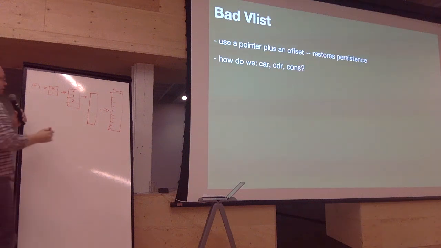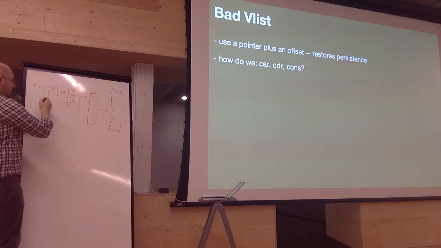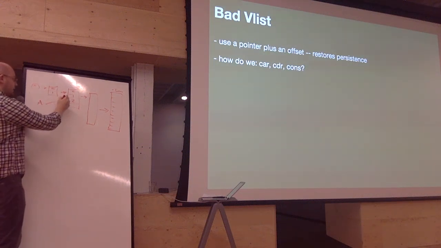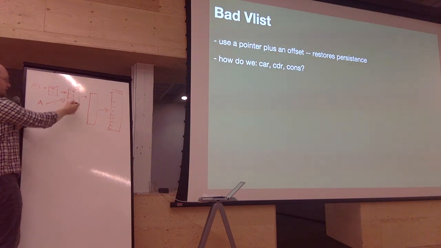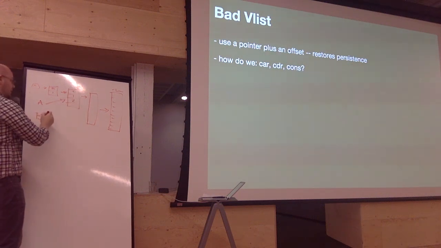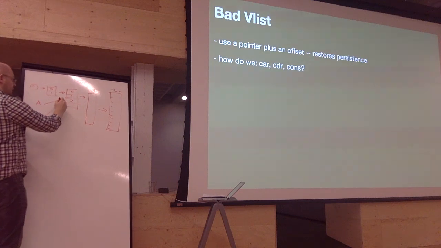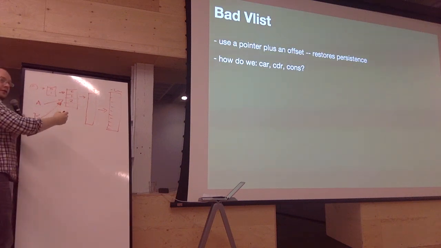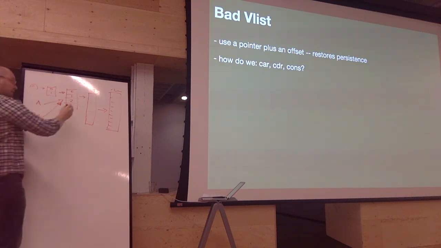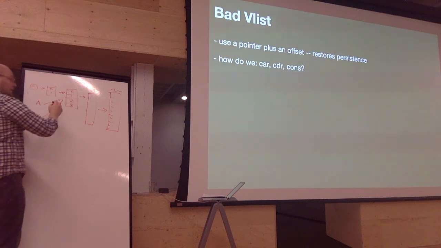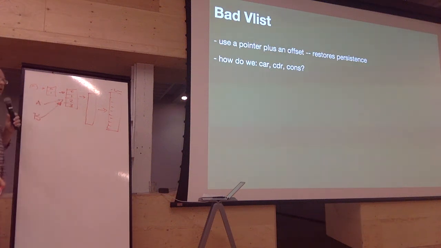So in particular, the problem with persistence is if I have pointer A to this list, and then I have pointer B also to this list, and then I push something onto the B list, now A is affected by that also, right?